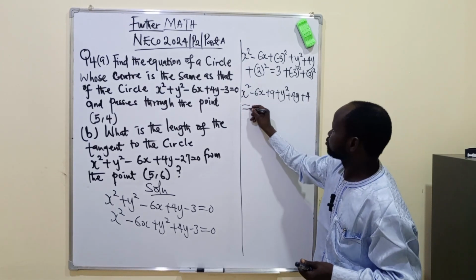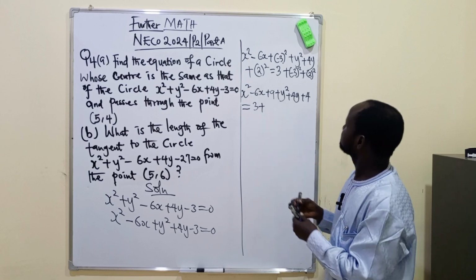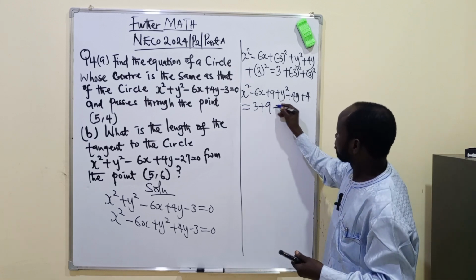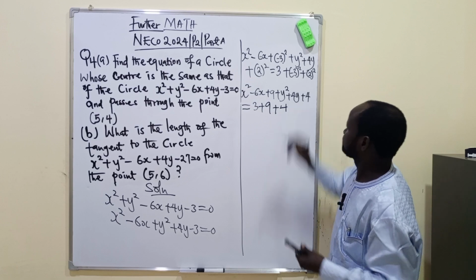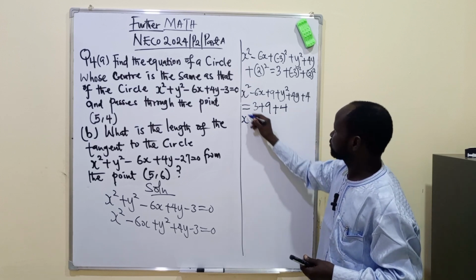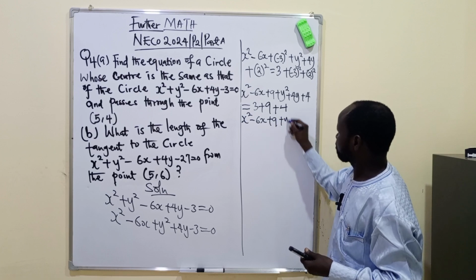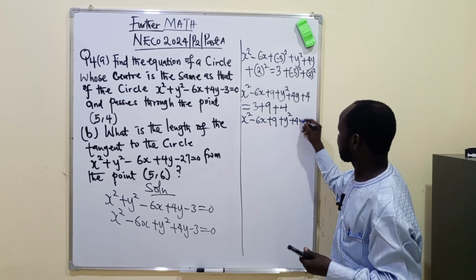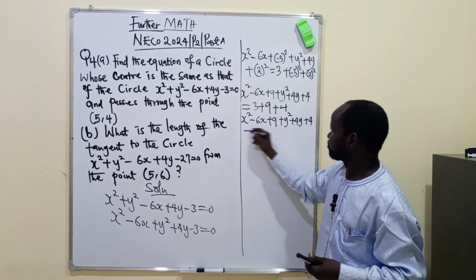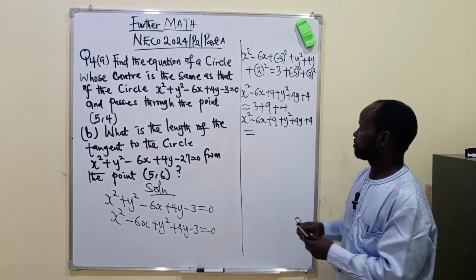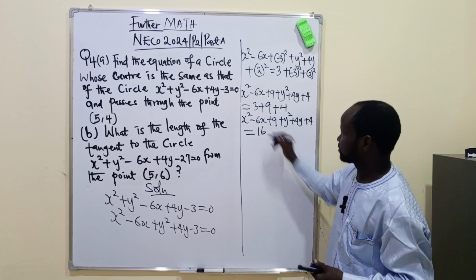Then this will equal 3 plus minus 3 squared, which is 9, plus 2 squared, which is 4. So x squared minus 6x plus 9 plus y squared plus 4y plus 4 will equal, we can add this, 3 plus 9 is 12 plus 4, that will be 16.